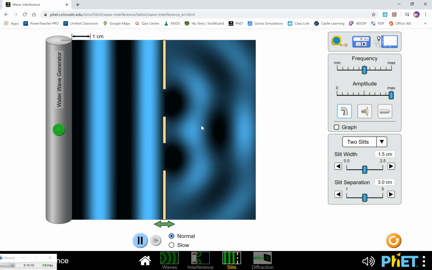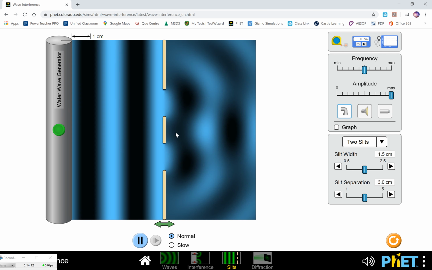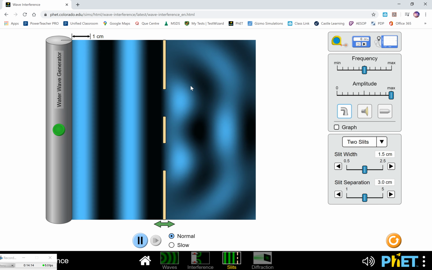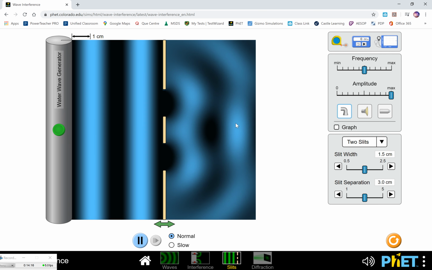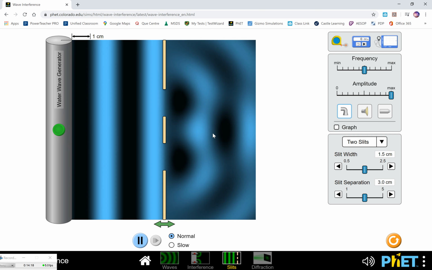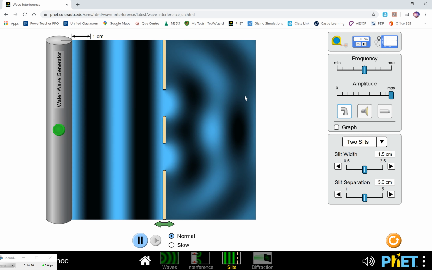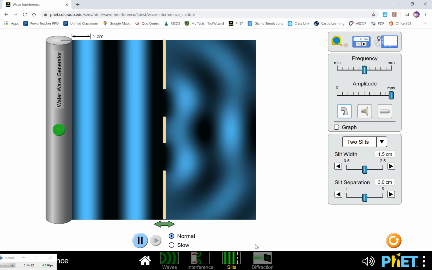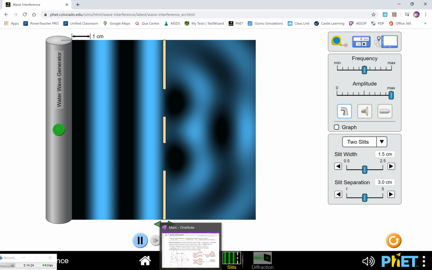This is the effect of interference, and we see that right in the middle here, where these two semicircular wavefronts are combining with each other, crest to trough, increasing amplitude, remaining the same frequency, and this is demonstrating interference.